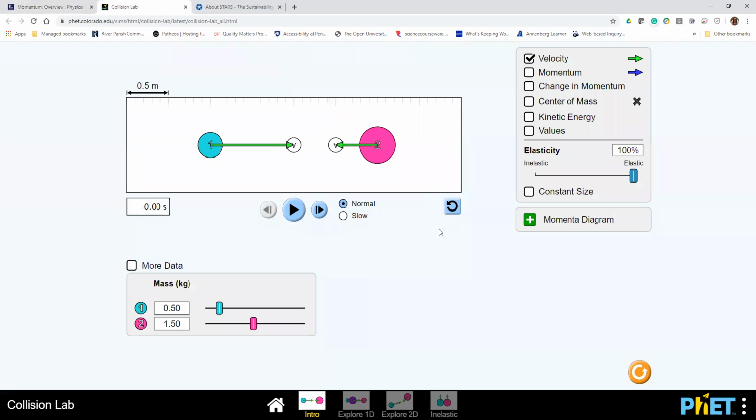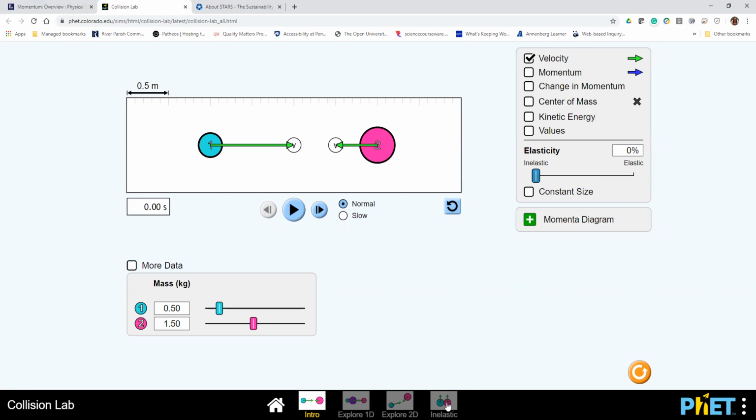I had a student email me saying they couldn't figure out how to make it elastic or inelastic, but you can see right here there's a slider. All the way over here means it's a perfectly elastic collision. All the way over here means it's a perfectly inelastic collision. That makes sense to you?